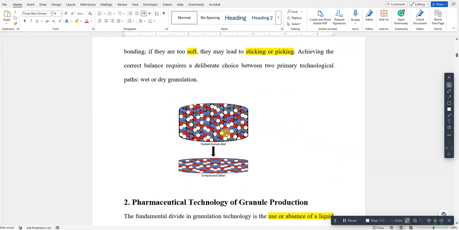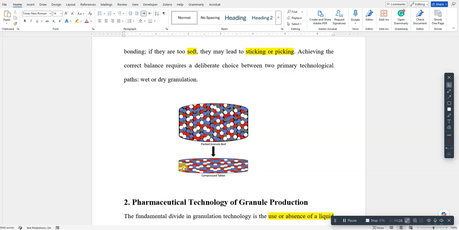You will see here the granules, and when they are compressed, of course the spaces between the granules will be less, and the shape of the granules will change, creating more contact area, and therefore structural integrity of the tablets is obtained. Of course, when we say deformation here, we are talking about plastic deformation.